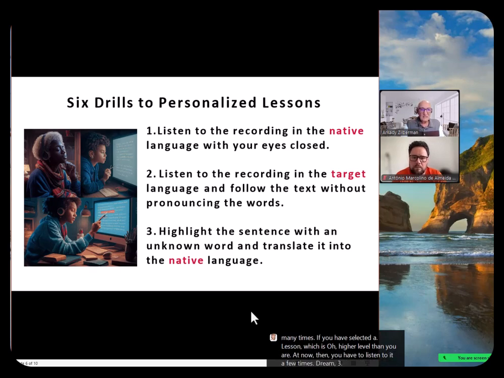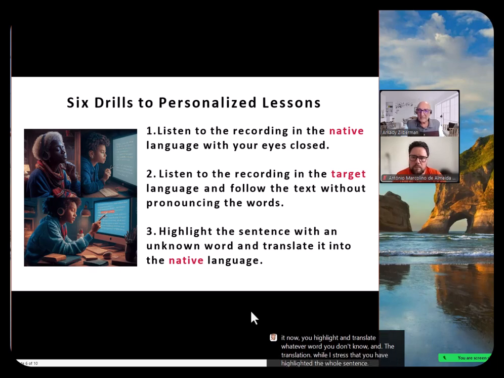Highlight the sentence with an unknown word and translate it into the native language. So you listen to the recording, you watched it, now you highlight and translate whatever word you don't know, and the translation, why I stress that you have highlighted the whole sentence.